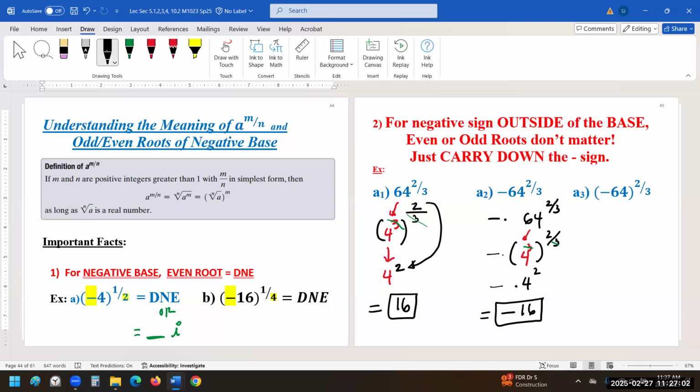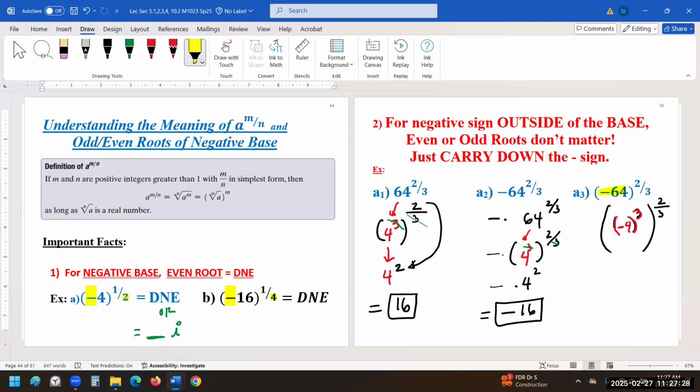On the other hand, the next one is asking what number, if you multiply 3 times, will turn into negative 64? Negative 4.